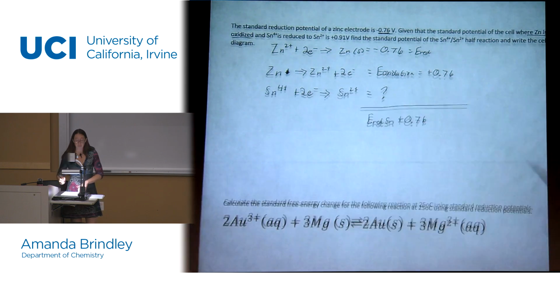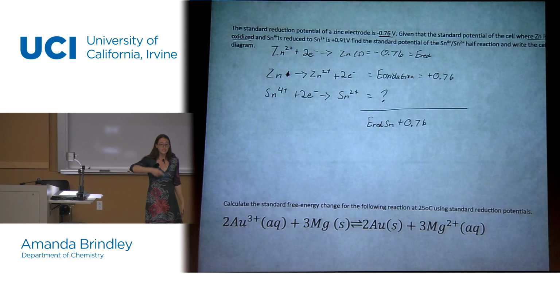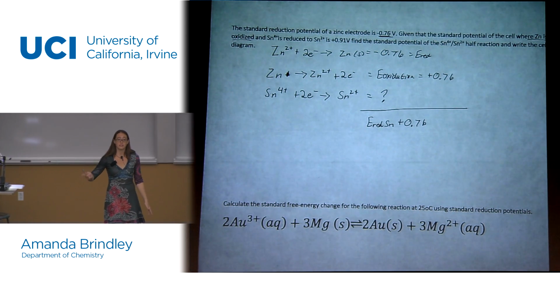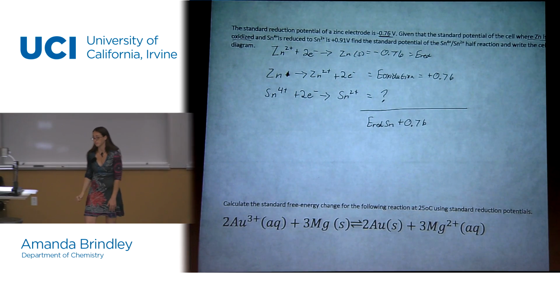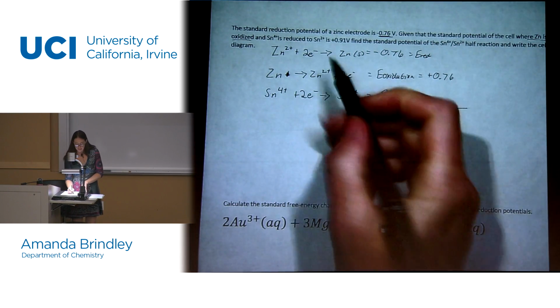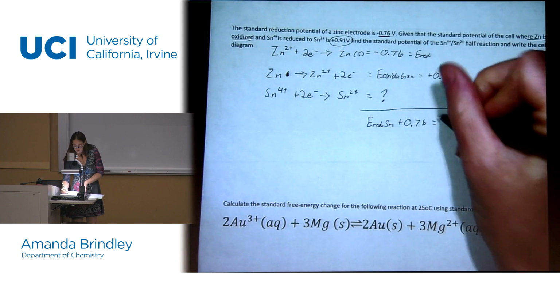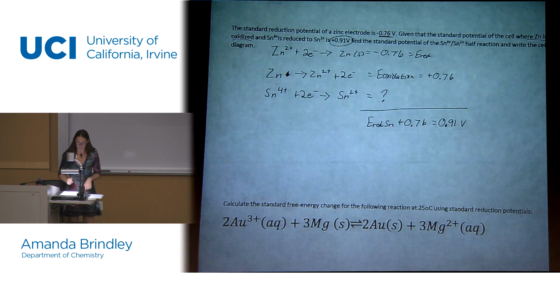So I'm going to write this as plus 0.76. If you're doing it the other way, write it as a minus a negative 0.76 if you're doing it the other way. We know that that is equal to 0.91 volts. Oh, okay. Well, we know what they add up to, and so now we can solve for this.